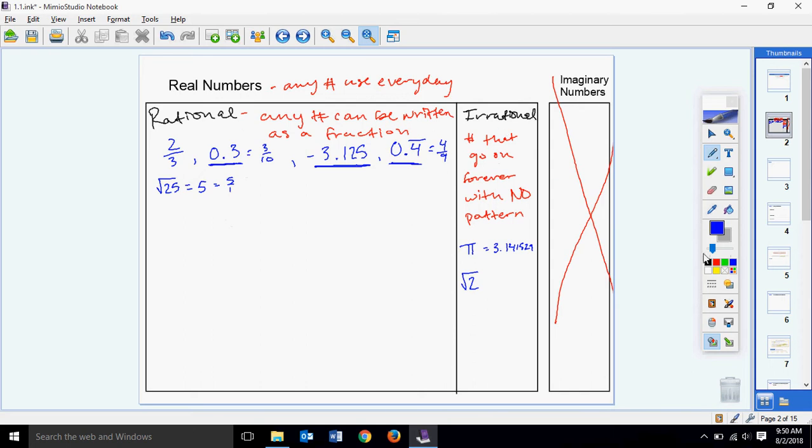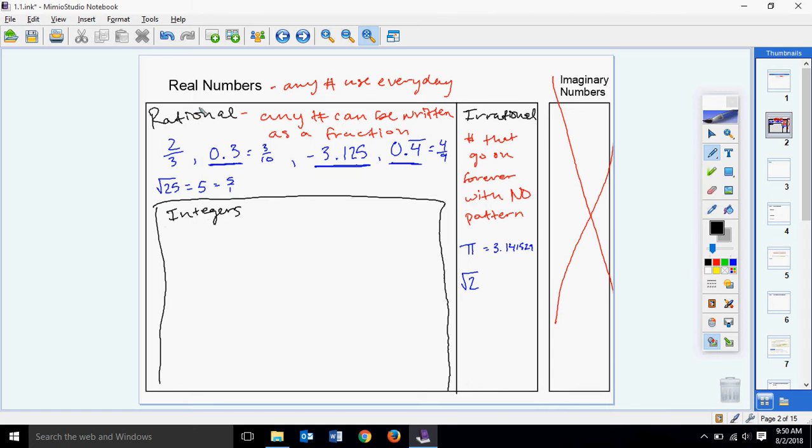Rational numbers can be broken down even further. So within the rational numbers, within all of these numbers that I've listed, I have another category, the integers. So integers are part of the rational numbers, which are part of the real numbers.